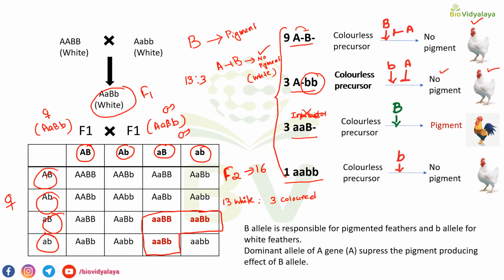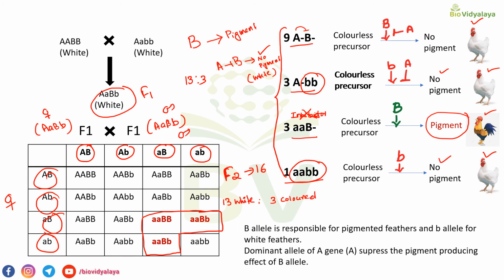That's why this dominant form of the gene B can express. So there is pigment formation. So colored chicken. Here in this genotype you can see that there is no dominant form of the gene A and no dominant form of the gene B. If there is no dominant form of gene B, there is no pigment production. So white colored chicken.